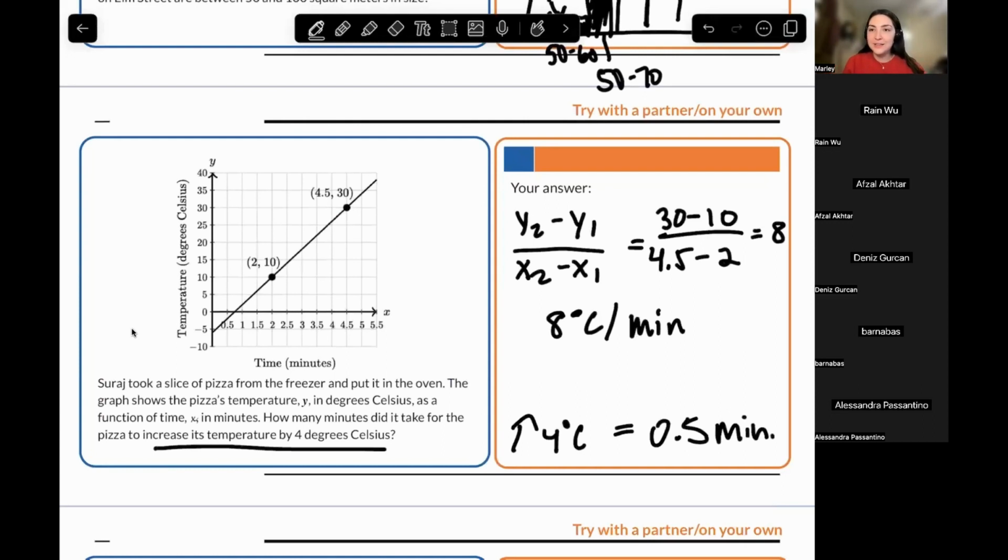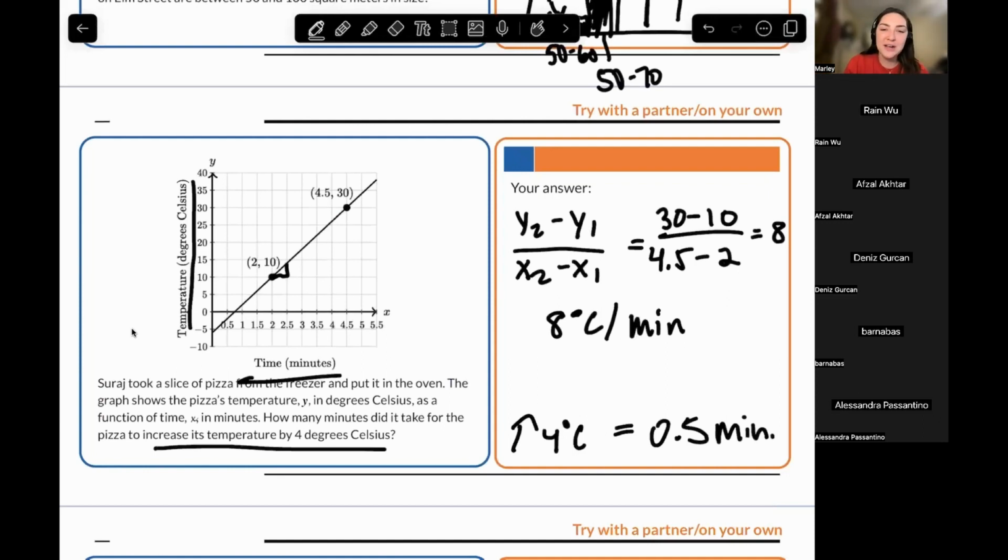So for me, at least, I feel like using those algebra techniques in a problem like this is still very helpful to getting to that type of answer. If I know what my slope is, then I know how long it takes to go up however many degrees Celsius in however many minutes. If we tried to just look at the graph, it would be kind of difficult. But if you wanted to make a guesstimate and there were answer choices, we could have looked here and said it kind of looks like we're going up 4 in half a minute.